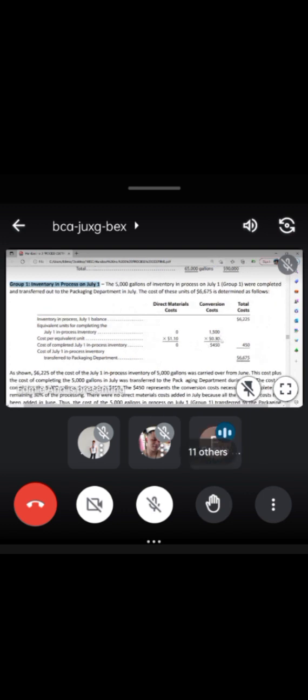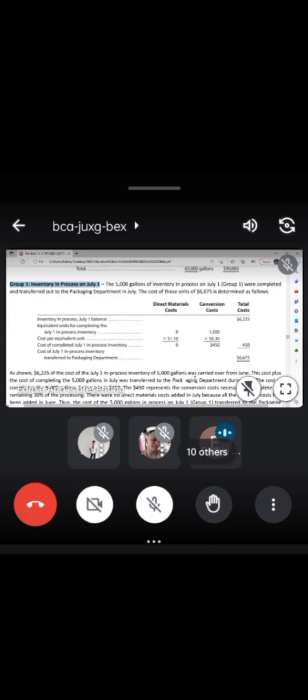Equivalent unit for conversion cost ni beginning inventory, pila ka ito? Ganina, di ba 0 man ang materials niya nga EUP, kay gi-add naman to ang direct materials last month. What about conversion cost? Pila man to? 1,500, ma'am.